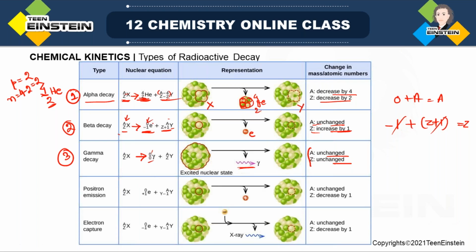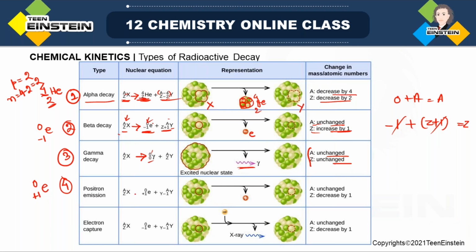Number 4th method, positron emission. Now positron is the opposite of electron. Okay, see, in case of electron we express it as 0 e minus 1. But when we are talking about positron, the particle will be expressed as 0 e plus 1.